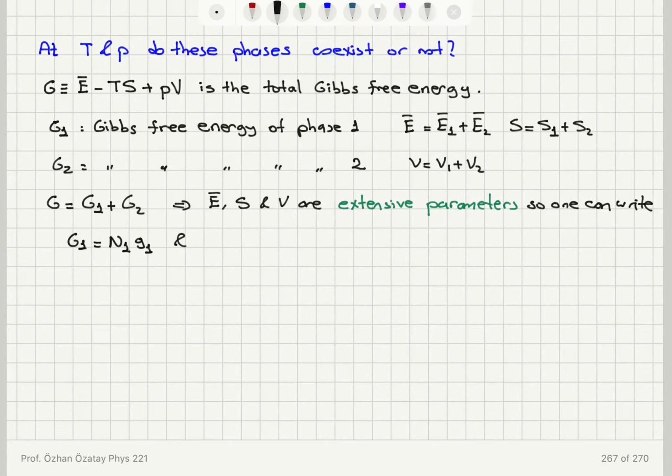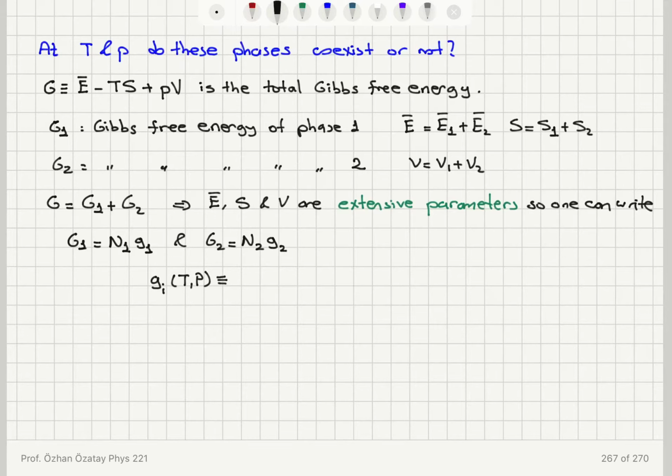And similarly, for the Gibbs free energy of phase 2, the number of molecules in phase 2 multiplied by the Gibbs free energy per molecule in phase 2.